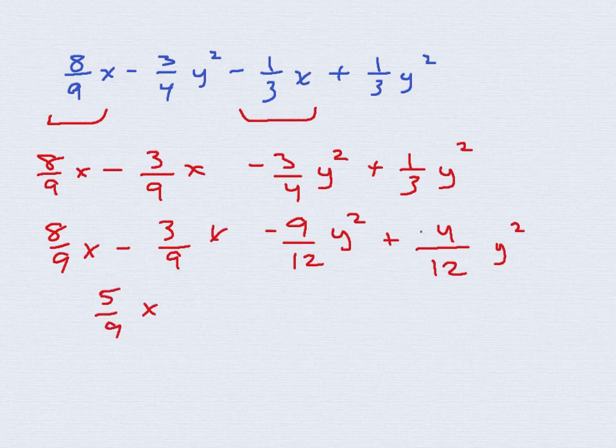So negative 9 plus 4 is going to give me minus 5 over 12 y squared. And that's your final answer. I combined the two different terms that were like, the x's and the x's and the y's and the y's. Because the coefficients were fractions, I had to apply fraction skills.